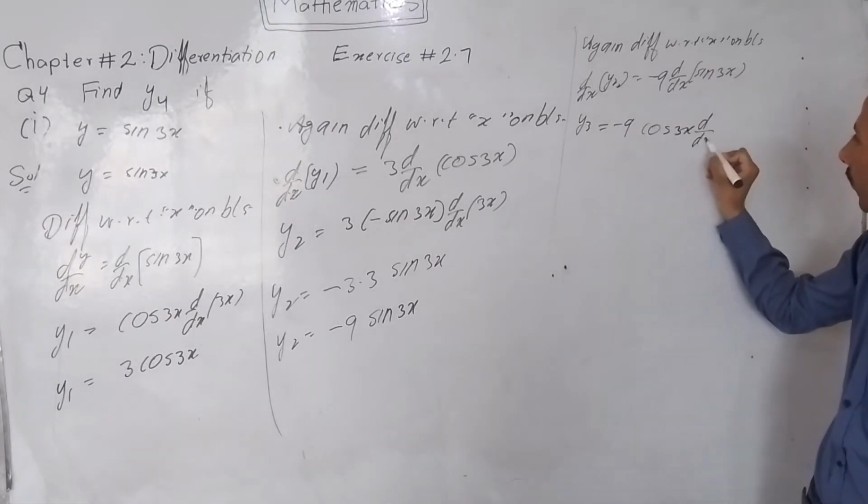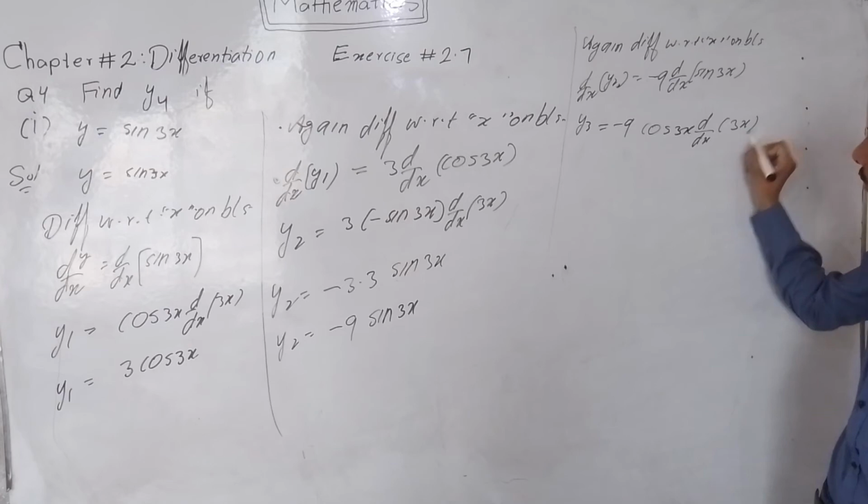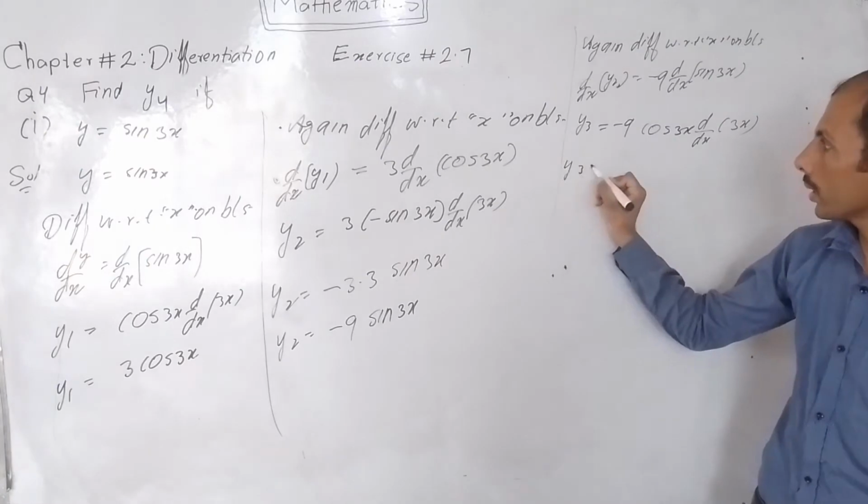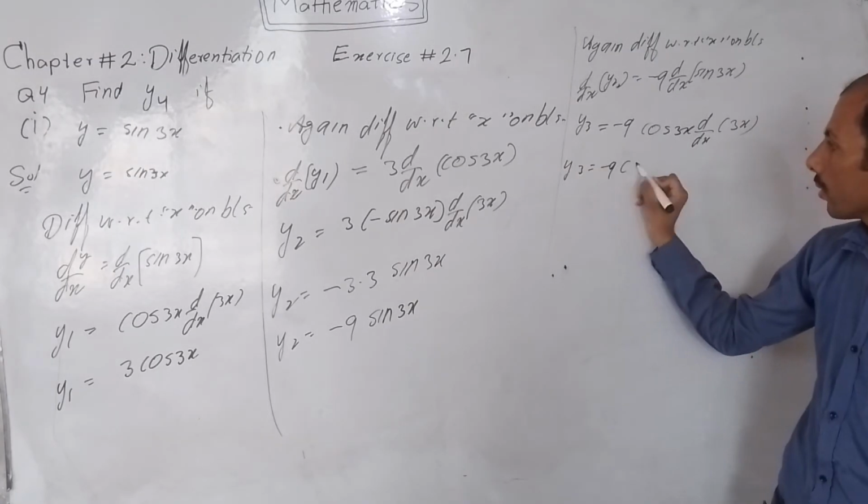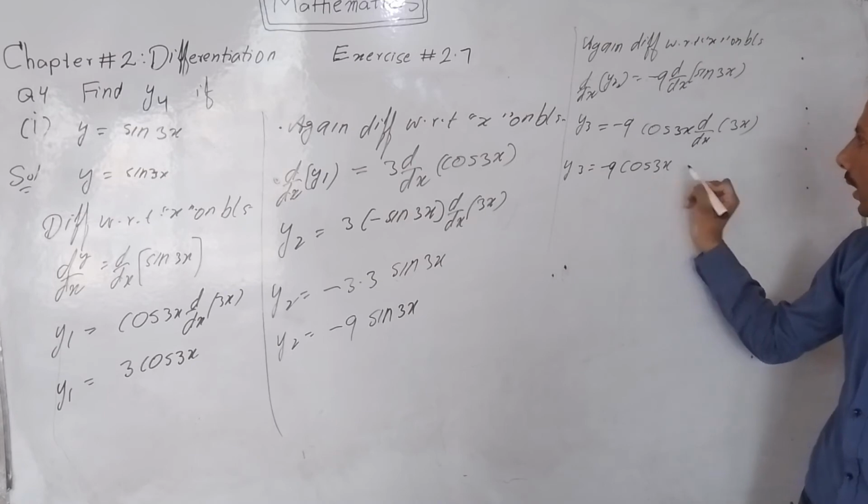Again, the derivative of the function 3x. So y3 is equal to minus 9 cos 3x.